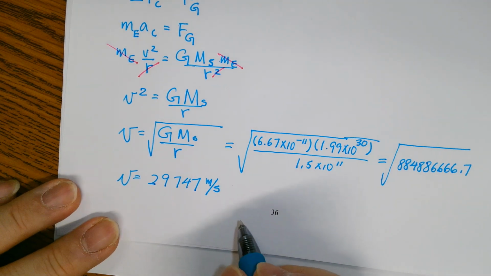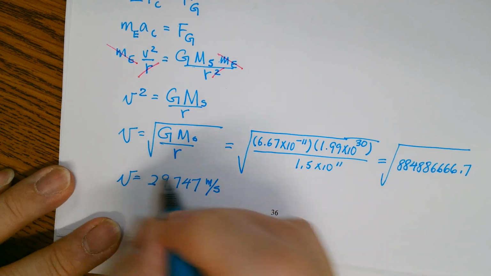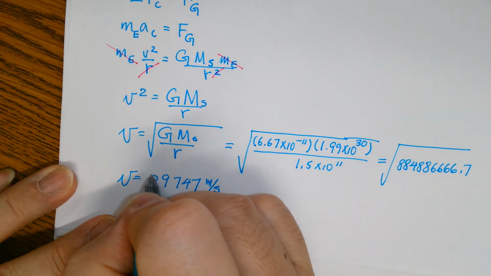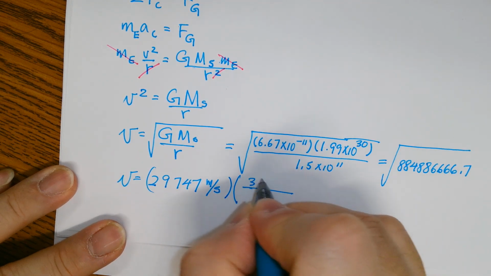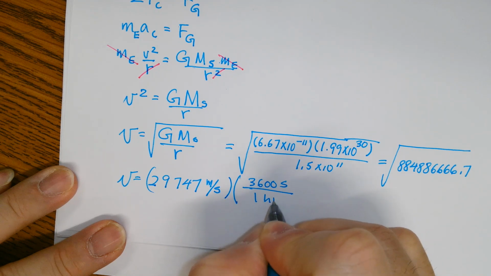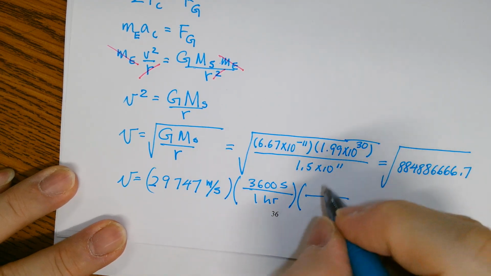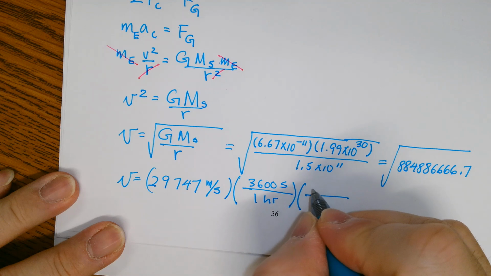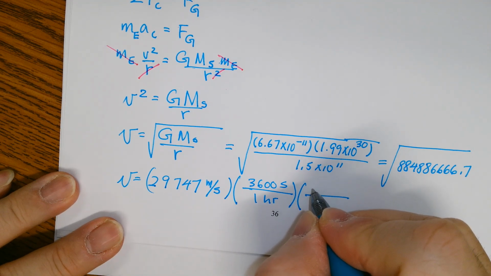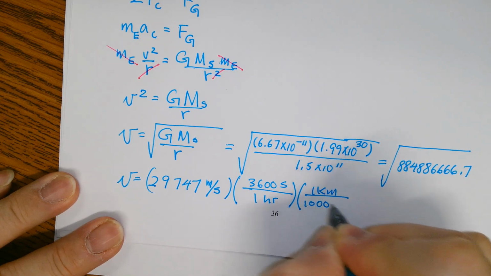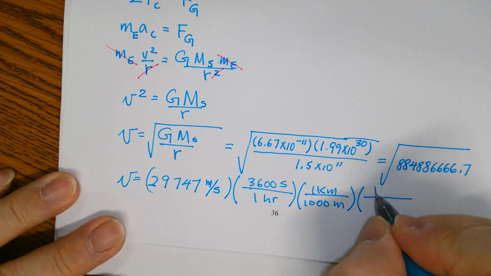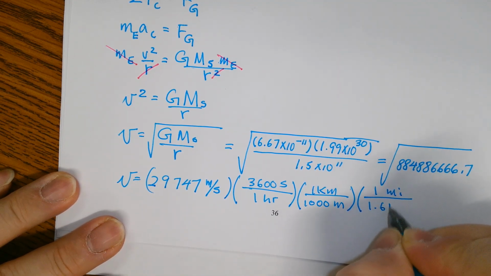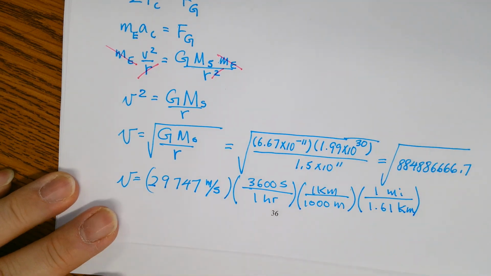So to convert this now into miles per hour, all we have to do is multiply, well, there are 3,600 seconds in 1 hour, and 1 kilometer is equal to 1,000 meters, and in 1 mile, there are 1.61 kilometers, right?